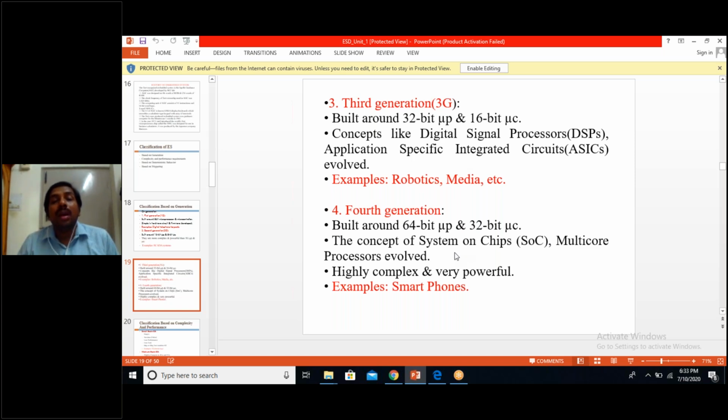We have increased the level of applications, so in all missile systems we use this type of hardware. It is highly complex and very powerful. An example is smartphones, which are built around dual core, quad core, and a 64-bit processor. This is the fourth generation. So based upon generations, we have four classifications.